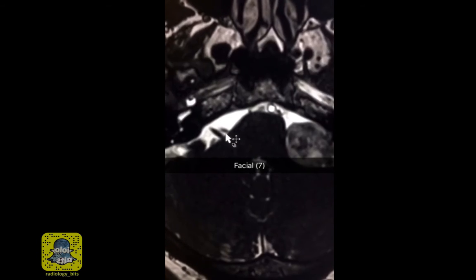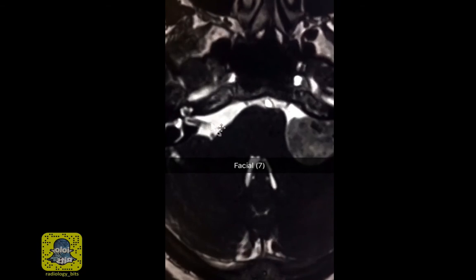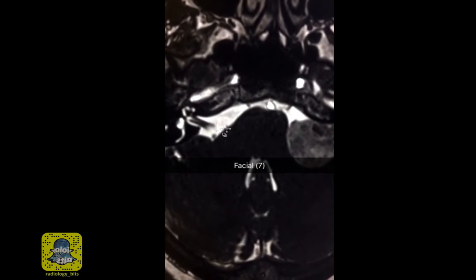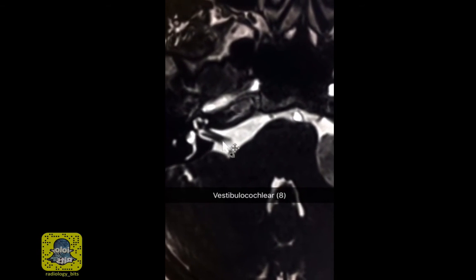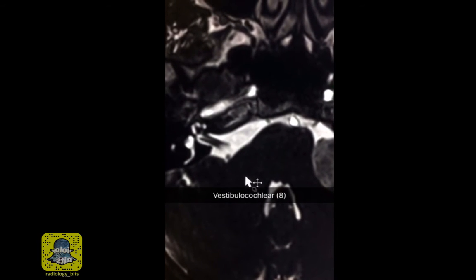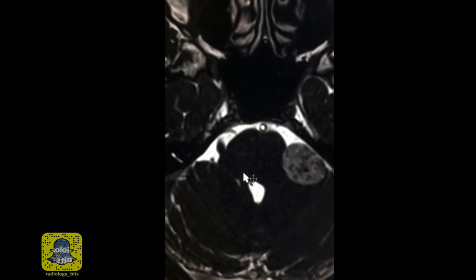Anyways, back to the nerves. The more anterior nerve here is the 7th cranial nerve, or the facial nerve. The more posterior nerve that runs within the internal auditory canal is known as the 8th cranial nerve, or the vestibulocochlear nerve.